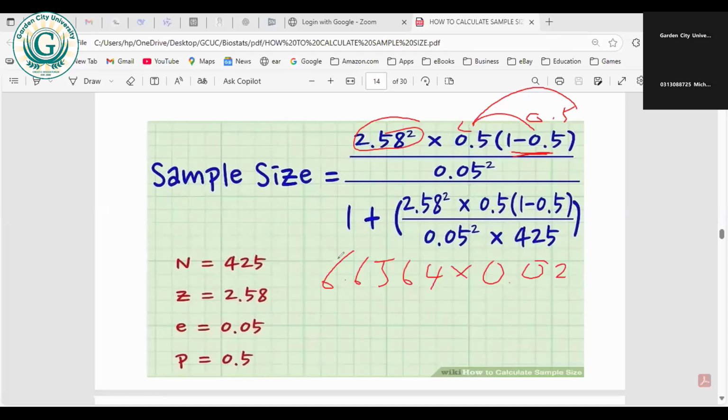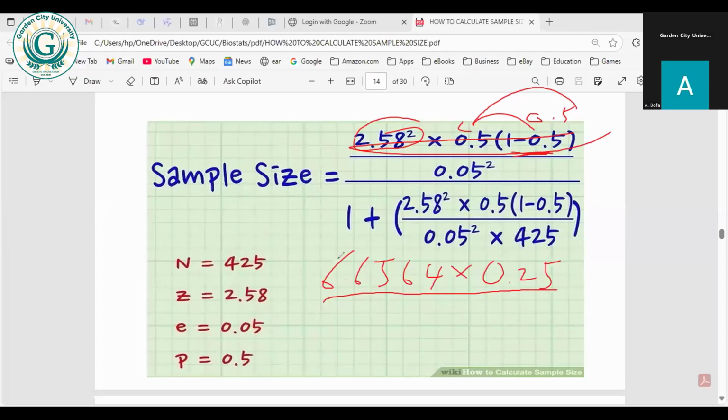Are you sure? Okay, 0.25, that is what I'm going to write. So we are done with this one. Are you with me? Yes, sir. Now we can divide it by 0.05 squared.